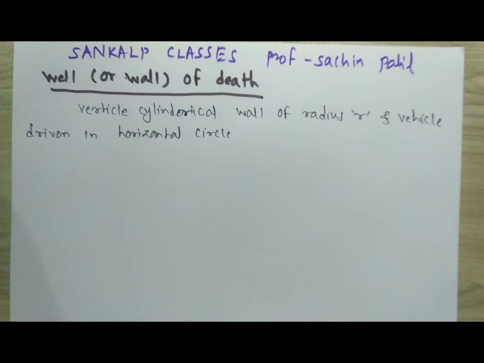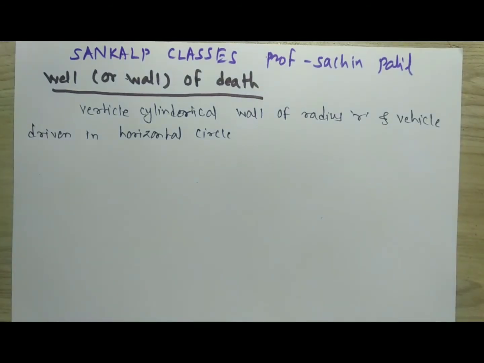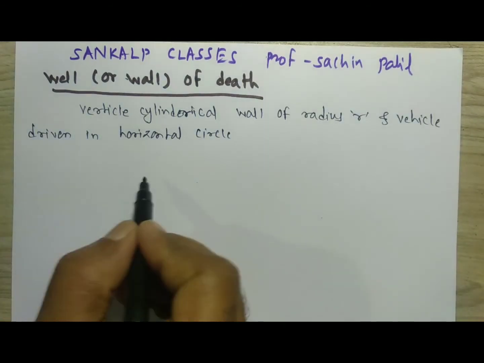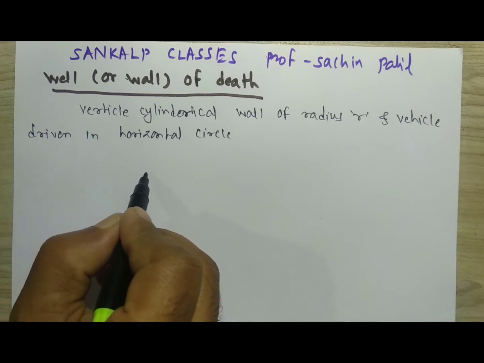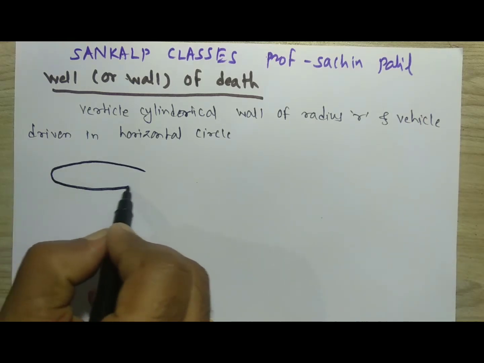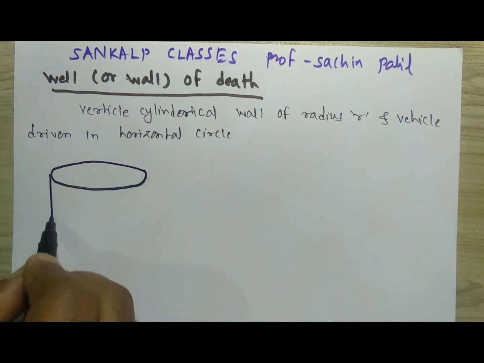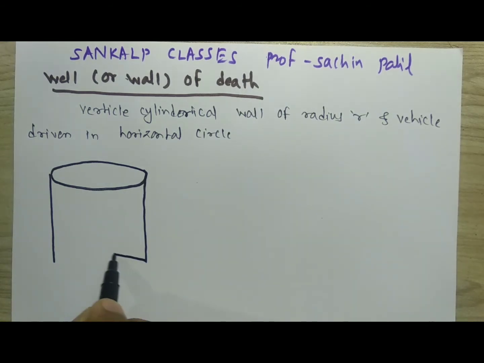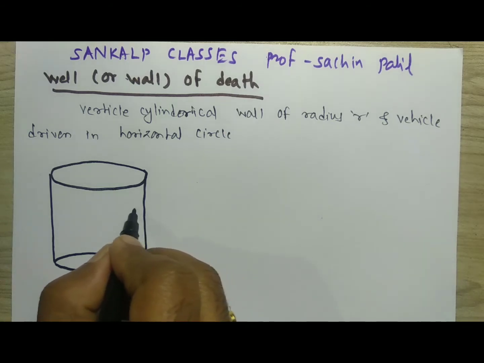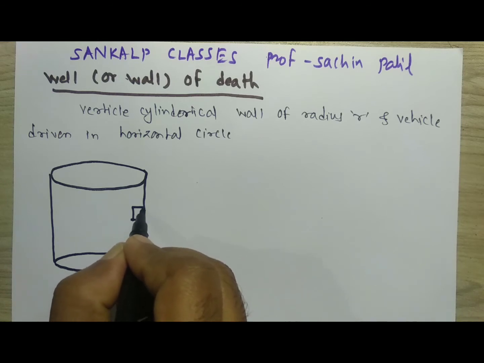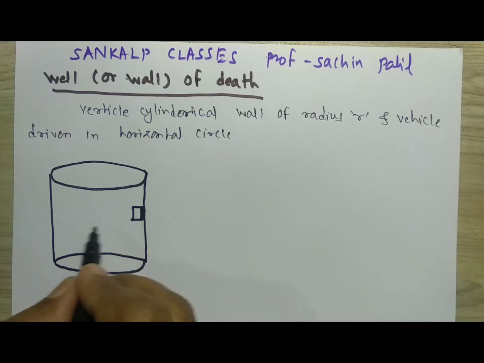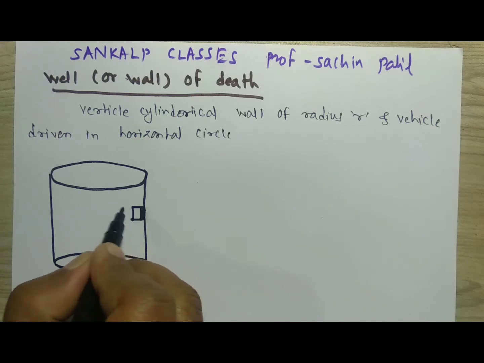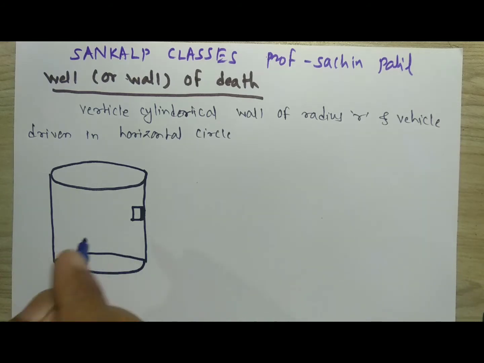What does it mean? This is nothing but a cylindrical wall like that one. First of all, we have to consider the cylindrical wall, which is well shaped or cylinder shaped, and the vehicle is driven along it, making horizontal circles.